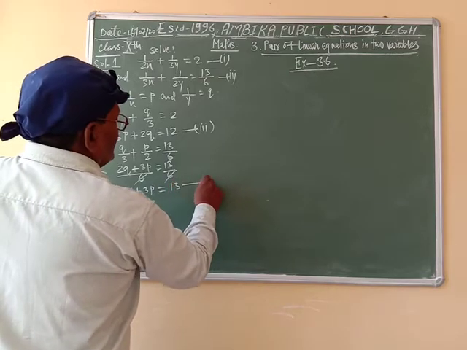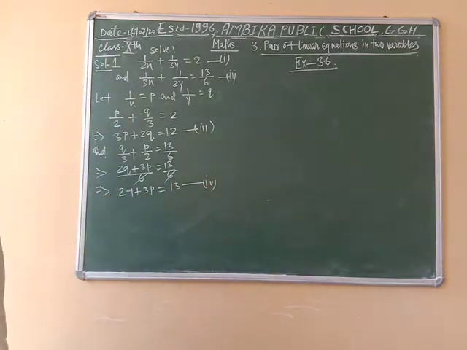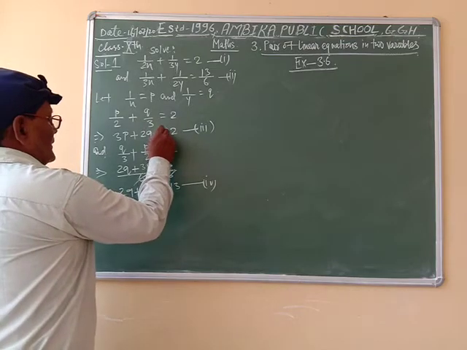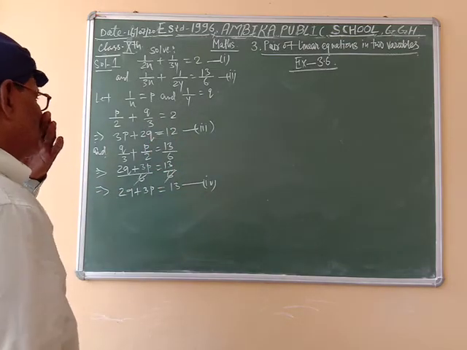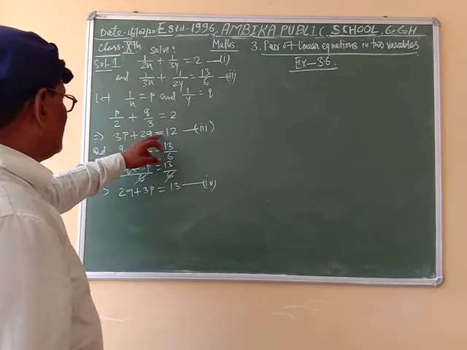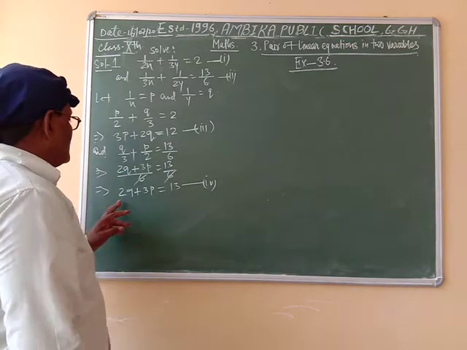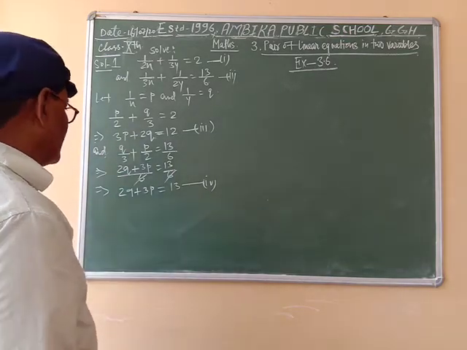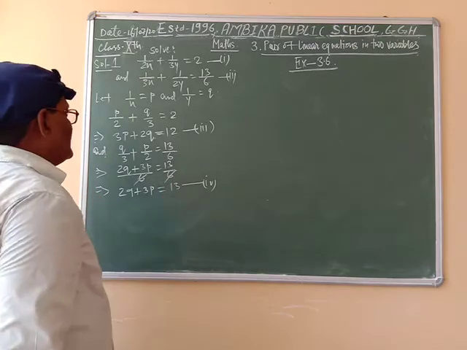Equation number 4. Now the new form of the equation is 3p plus 2q equals 12 and 2q plus 3p equals 13. It is in the form of a linear equation.